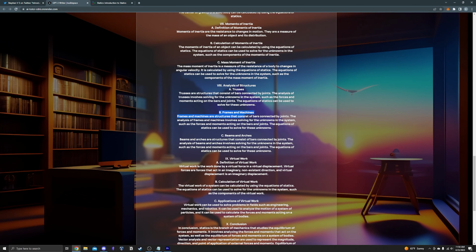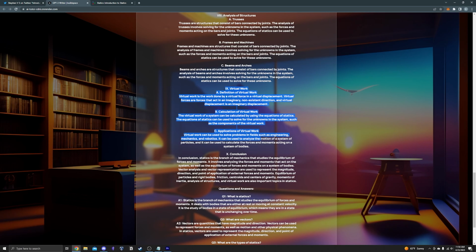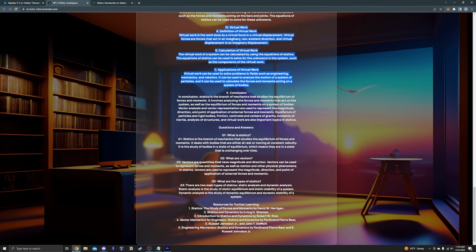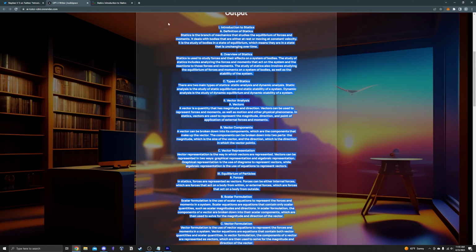So I guess the topics themselves are a little bit more complex. Beams and arches. Virtual work. I've never heard of this. The work done by a virtual force in a virtual displacement. I guess this is where the advanced part comes in. But then, the questions are still the same. And for the most part, these are all the same.